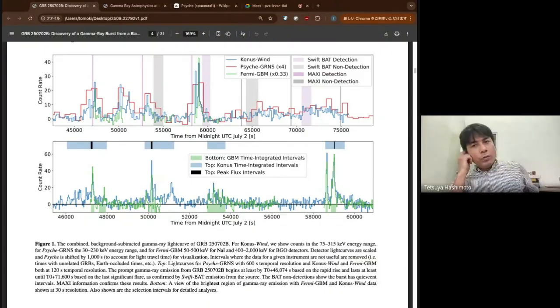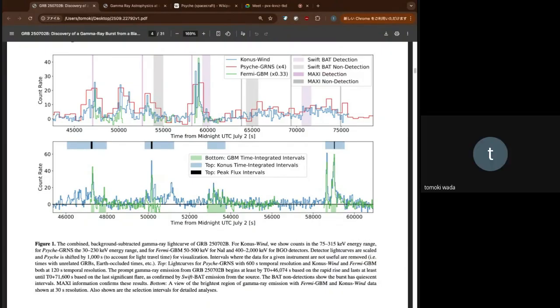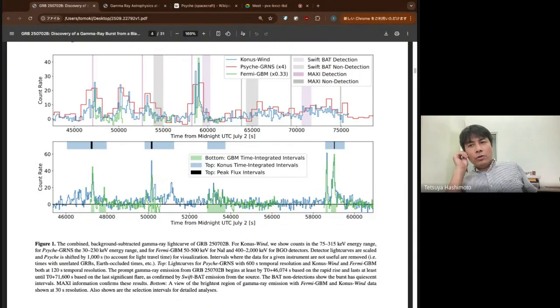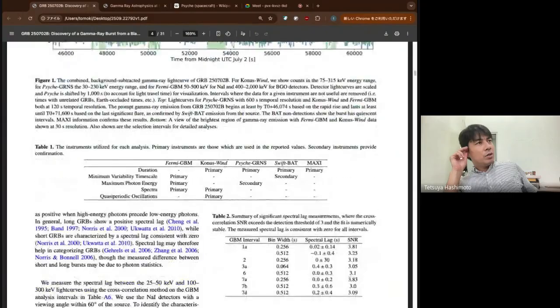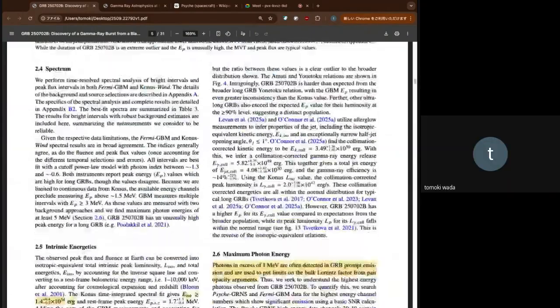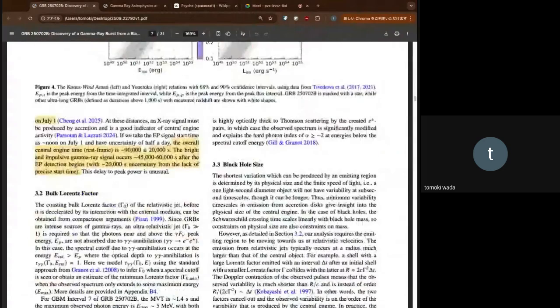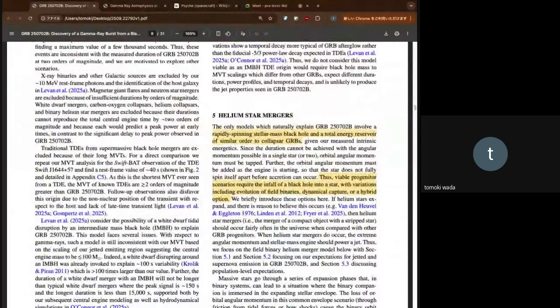Tomoki-san, I also have a question. This is very different from ordinary long gamma ray bursts. So the progenitor should be different from normal long gamma ray bursts. They say so. And they prefer this helium star merger scenario, maybe not just collapse, but a kind of merger of a black hole and a helium star.